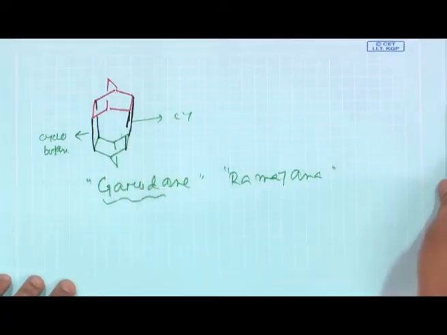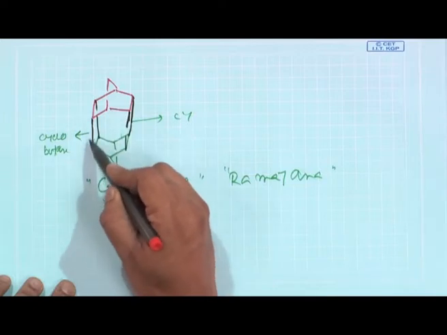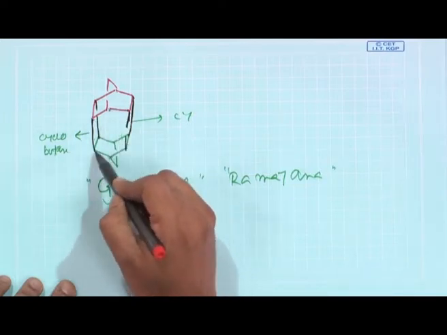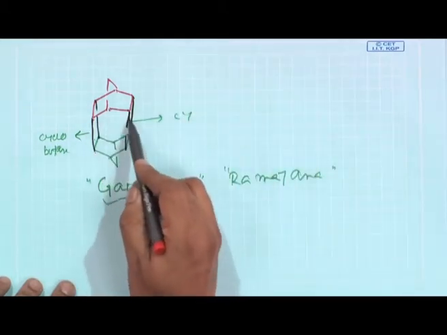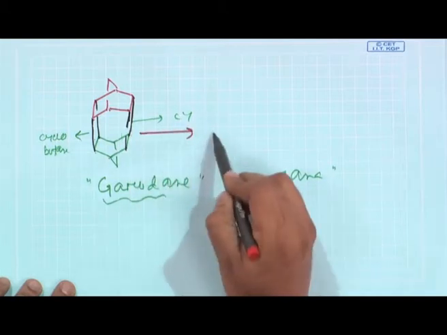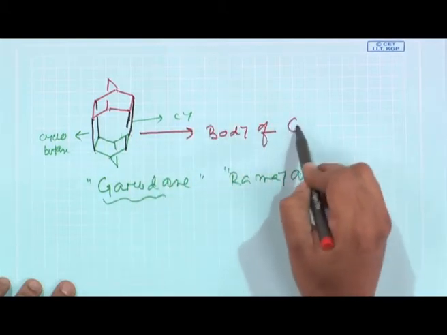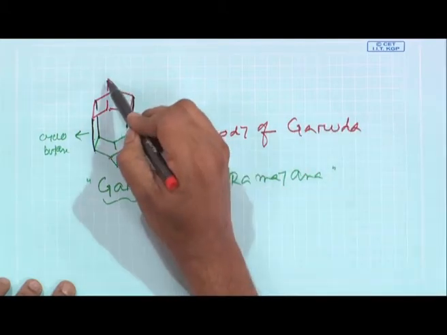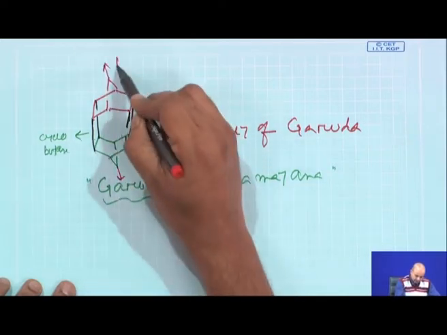Now, the entire part of this, this top cyclohexane ring, this 1, 2, 3, 4, 5, 6 and the back side, is considered the body of the Garud. So, this part is the body of the Garuda god, and these particular things, this and this, are considered the wings.